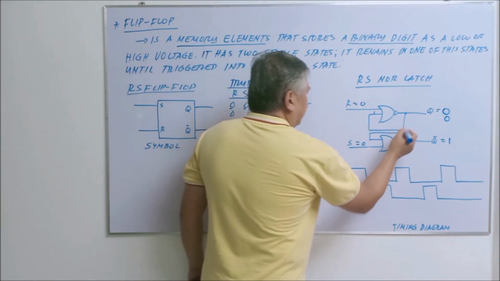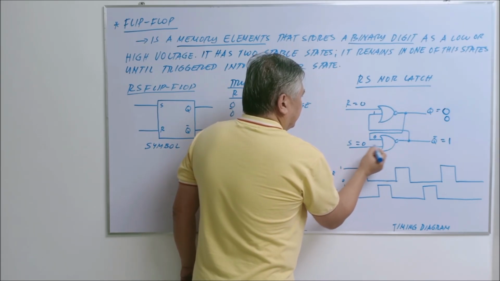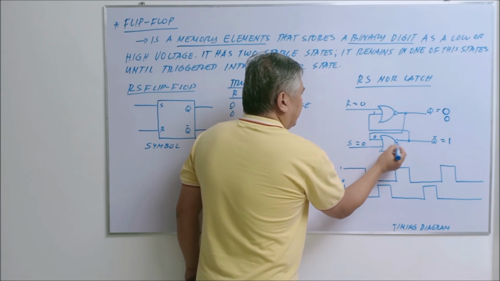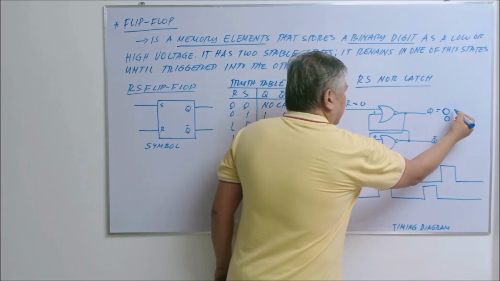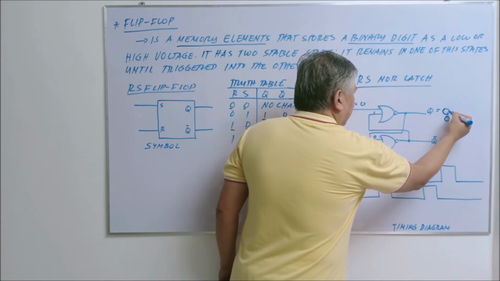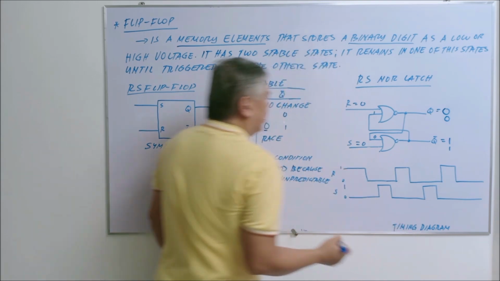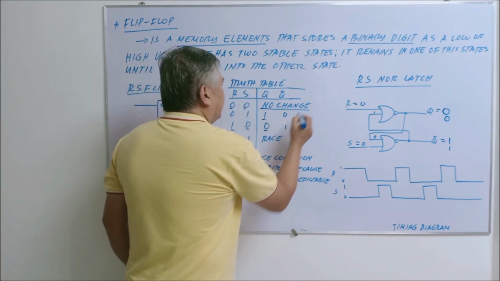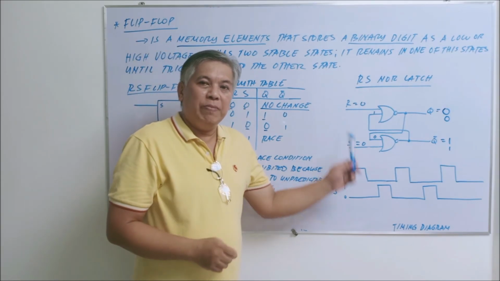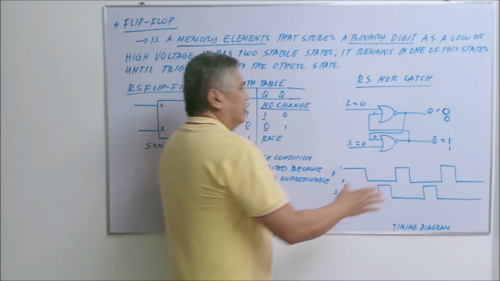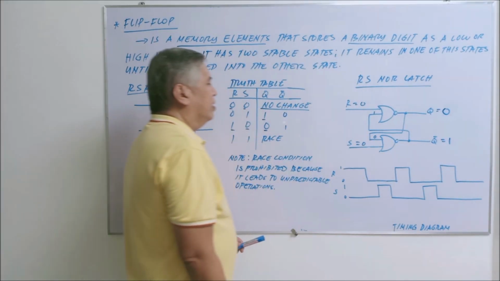So since this is 0 here, 0, 0, AND gate is 0, invert that, becomes 1. So if you notice, your output Q from 0 remains 0, and Q bar from 1 remains 1. That is why we call it the no change condition. So whatever is the previous output remains. Okay? So that will be our first condition.